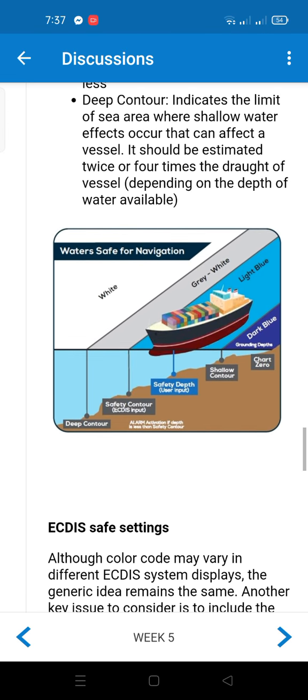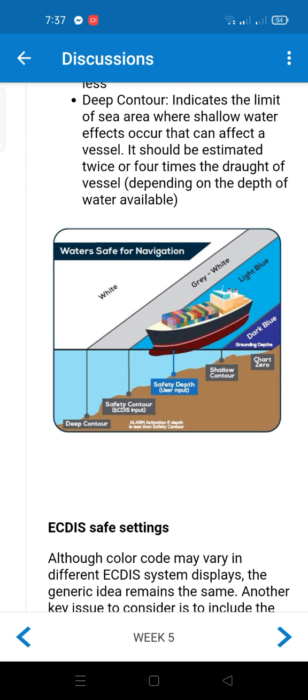Here's the chart. Water safe for navigation. We can see the rock formation, the white, gray, white, light blue, dark blue.